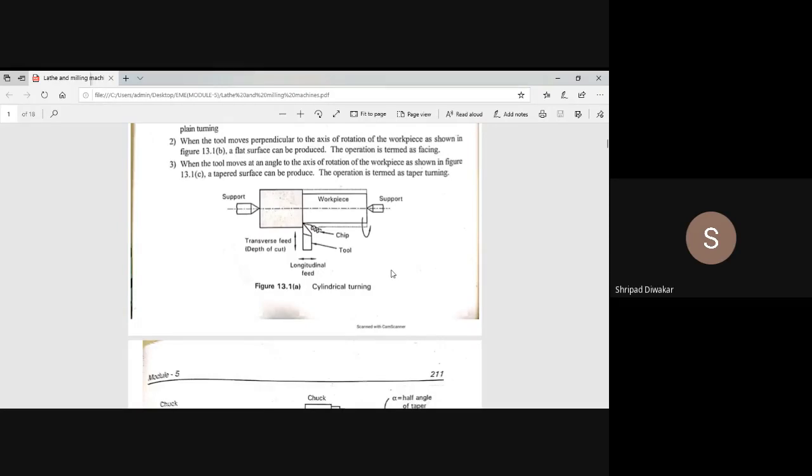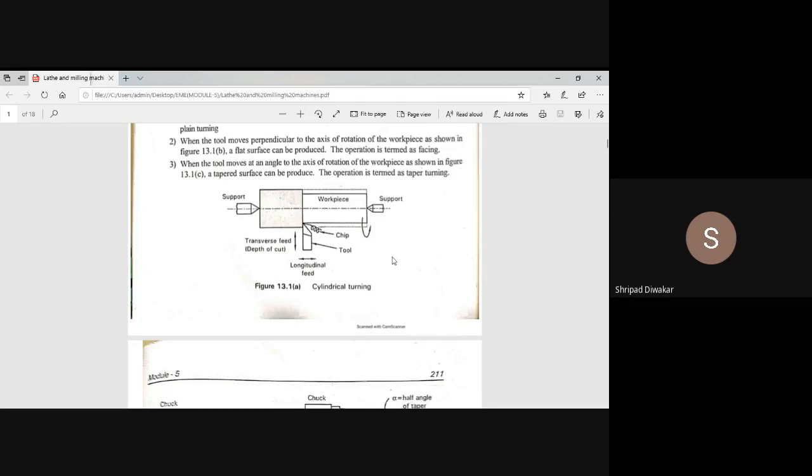And one more thing, the spindle speed is high, so we have to keep the spindle speed high to remove the extra material. And suppose I want to reduce the diameter from 100 to 90 mm, we are not going to remove 10 mm at a time. We are going to give a number of passes, and in each pass we remove 1 mm, 1.5 mm, like that.